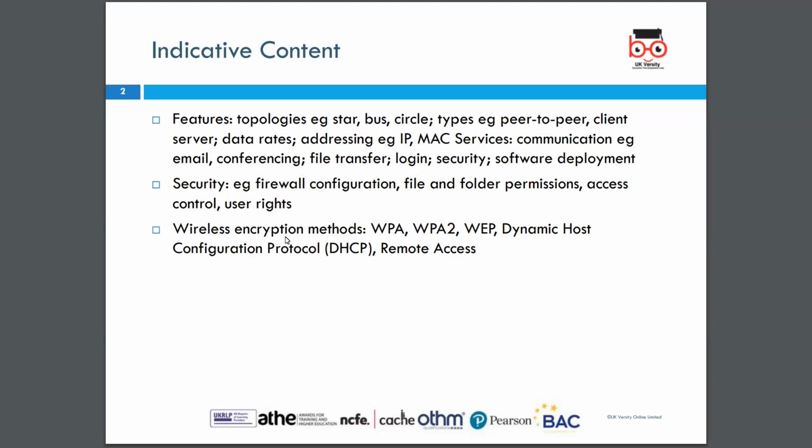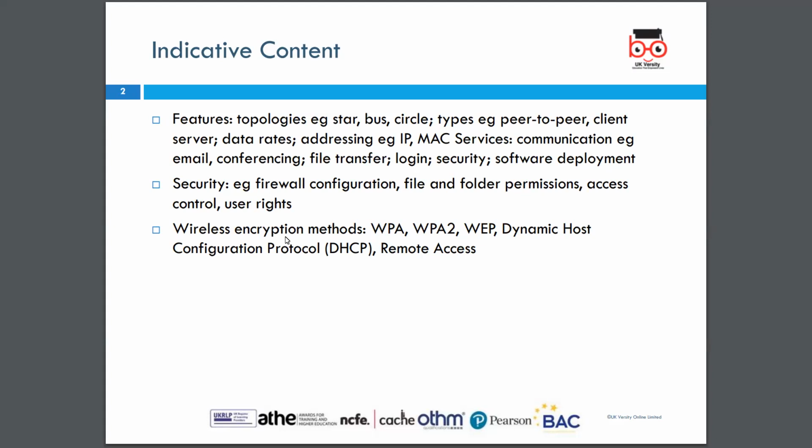So what can we see from here? In our indicative content, there'll be the concept of topology, which we already looked into yesterday. We saw a really nice video which explained the different types of topology and how these have to be done.